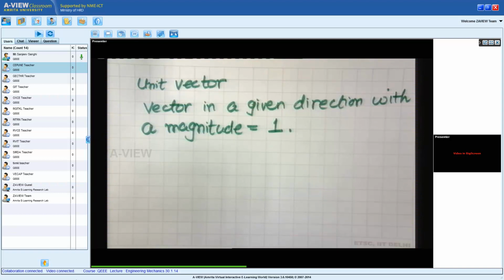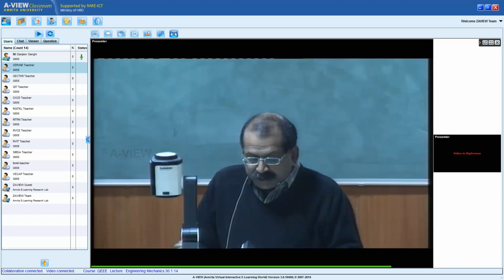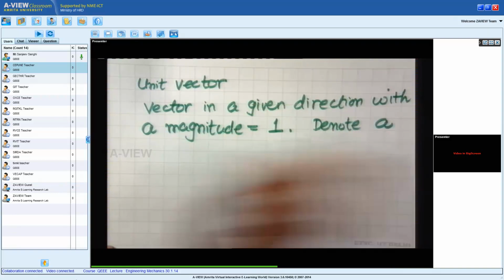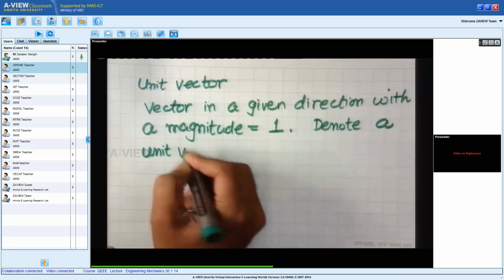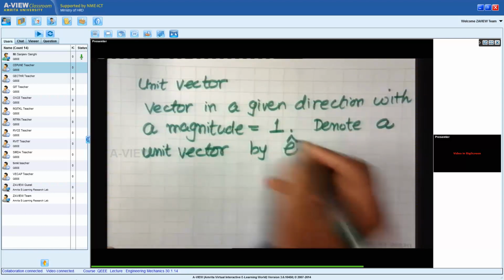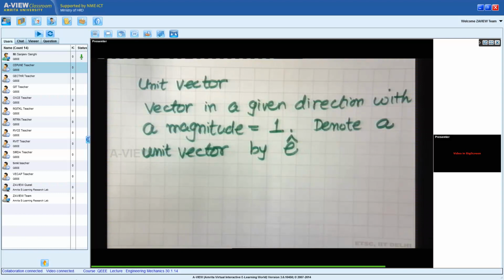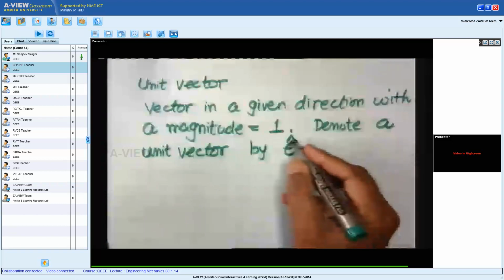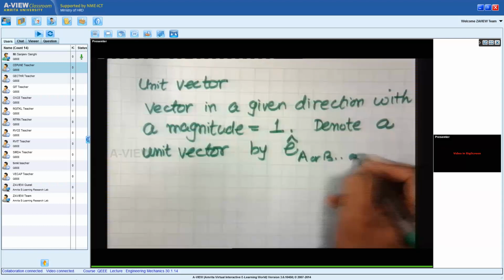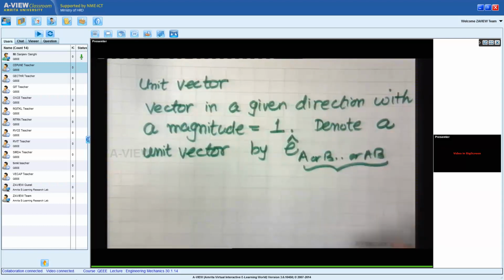That means the magnitude of a unit vector is always constant, and this is 1. We denote a unit vector in general terms by the letter e with a hat. Normally the hat is reserved for a unit vector, and there could be a subscript A or B or AB, etc., which identifies the direction of the unit vector.